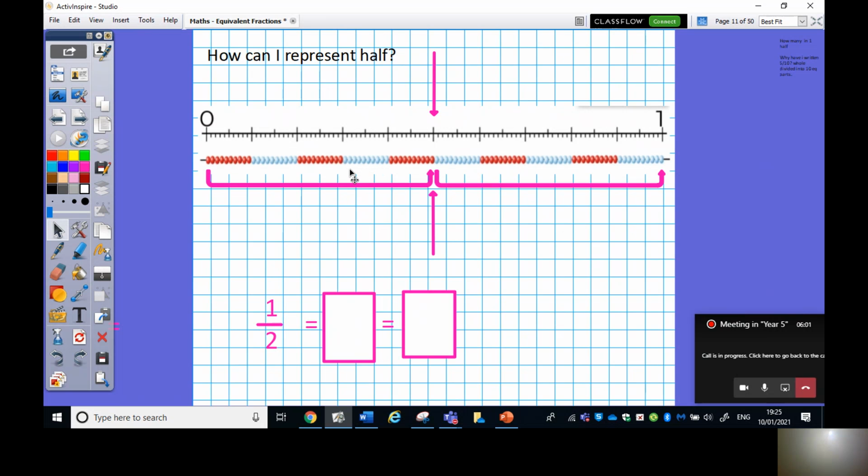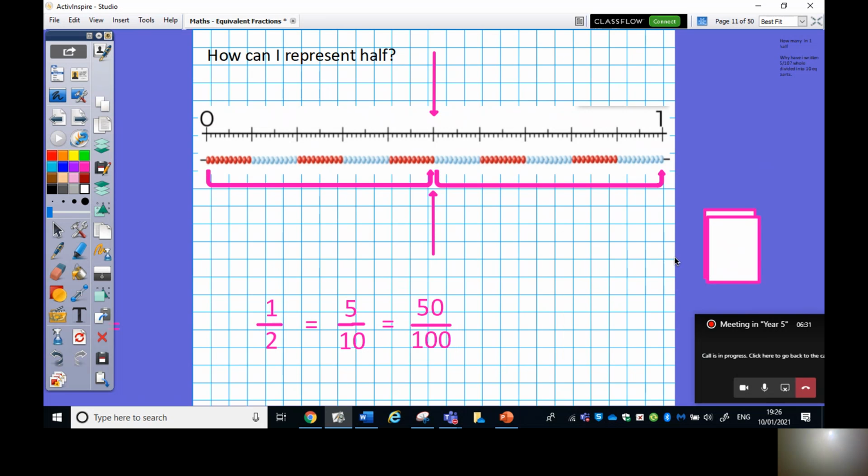Good, 50. So we have 50 hundredths. Now, we can see that it's also divided into 10 equal parts. How many tenths are there in half? Good, 5/10. So we can write 5/10 is equal to 1/2, which is also equal to 50 hundredths.